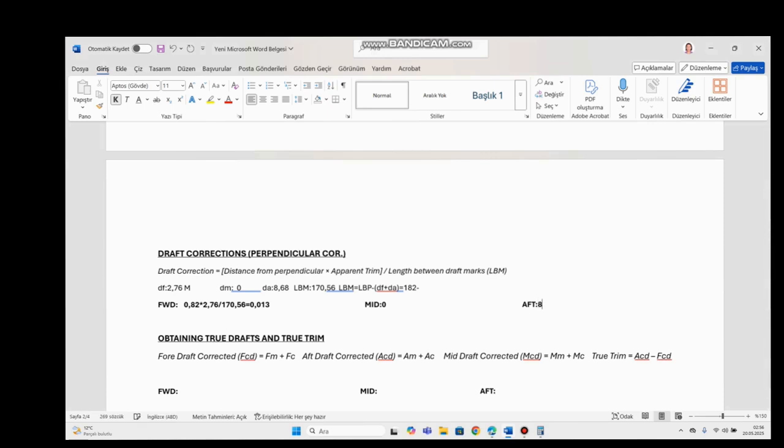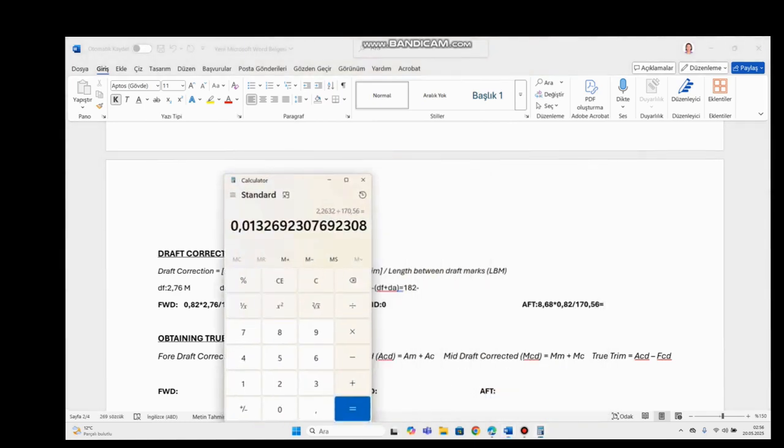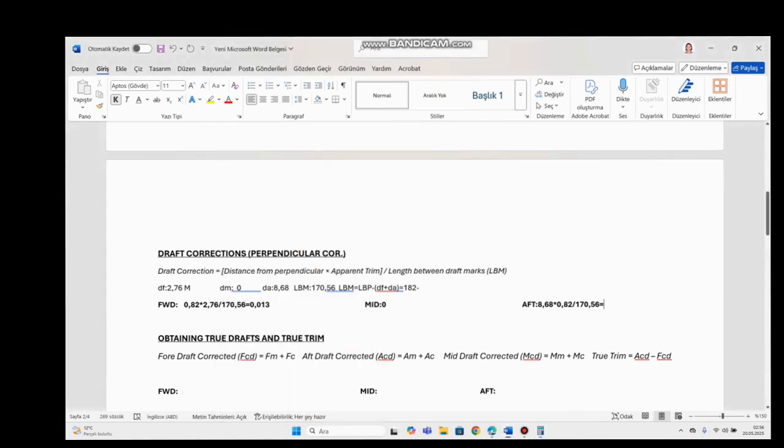For aft draft, 8.68 times trim 0.82 divide 170.56 equal 0.041.